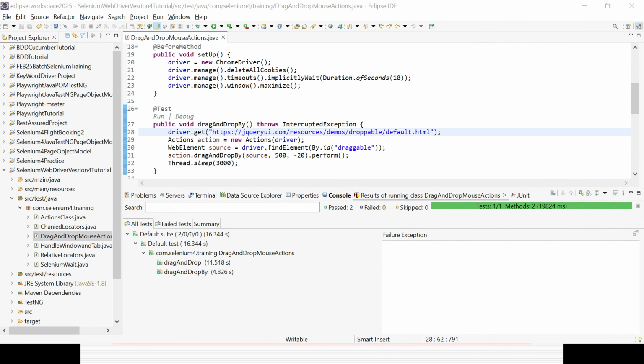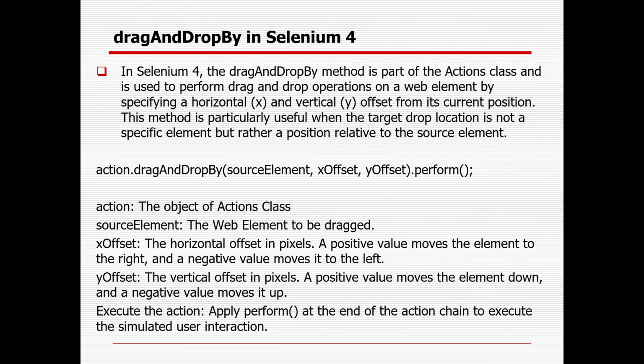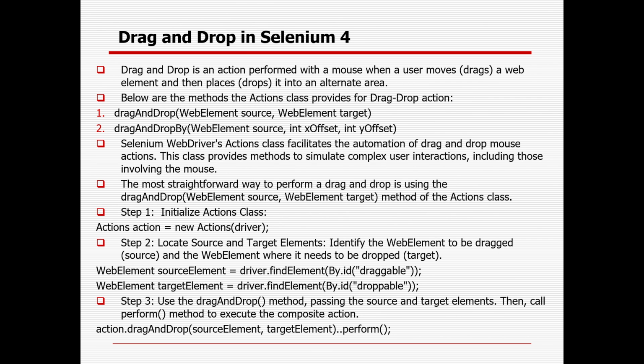So that is the way you can, with the help of the actions class, do drag and drop. In case you already have the source and destination objects, then you can use drag and drop. So with the help of the actions class object, drag and drop method, you can provide source and target element reference and perform method.